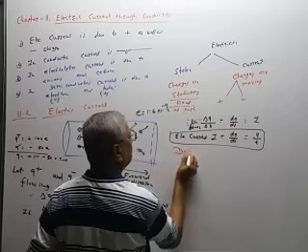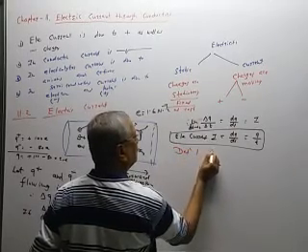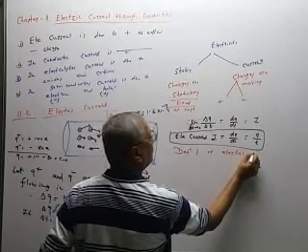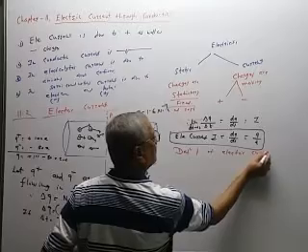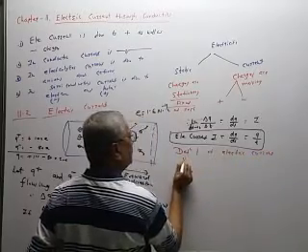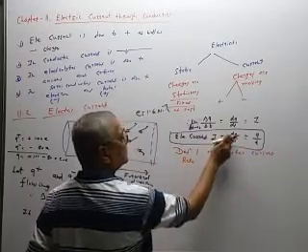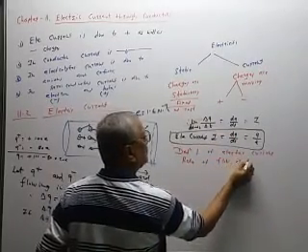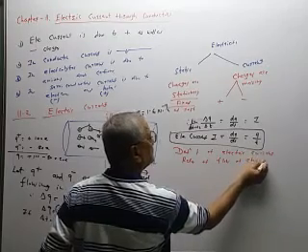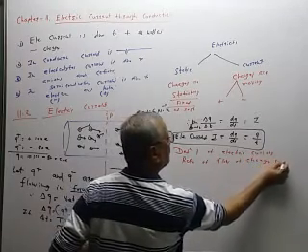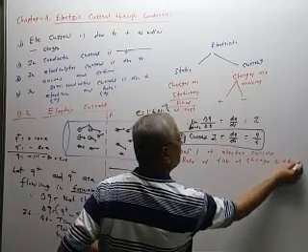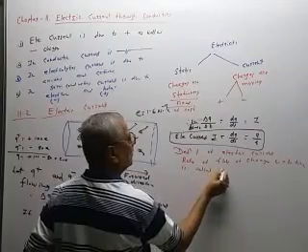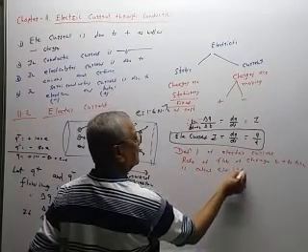Definition 1 of electric current: rate of flow of charge with respect to time is called electric current.